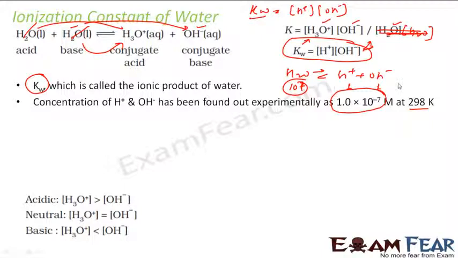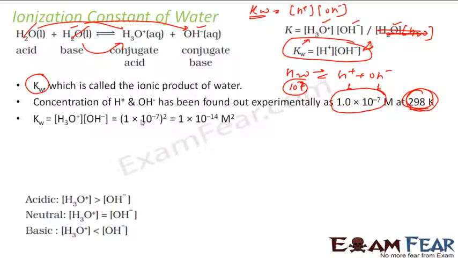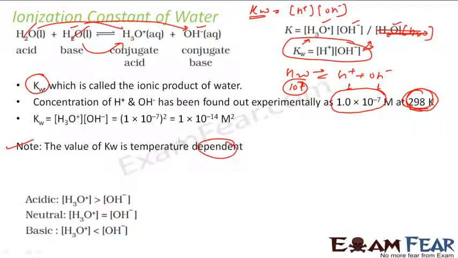This is found experimentally, and this happens at 298 Kelvin. Kw is temperature dependent, just like the earlier equilibrium constants we talked about. This is also nothing but an equilibrium constant, but we have given it a fancy name, Kw, which is H plus ion concentration into OH minus ion concentration.